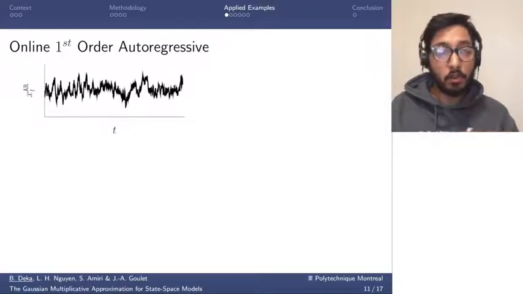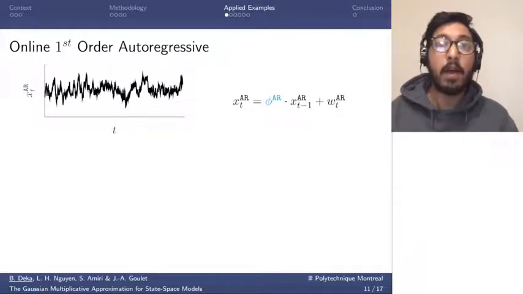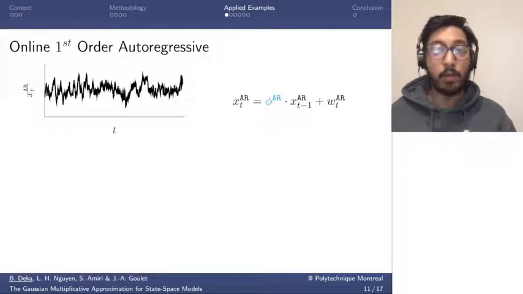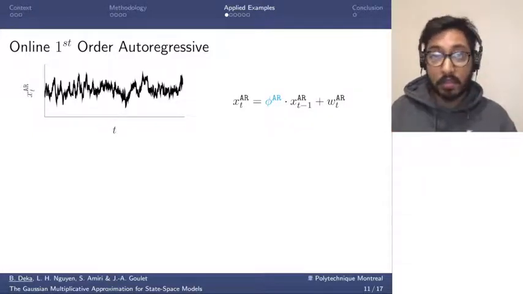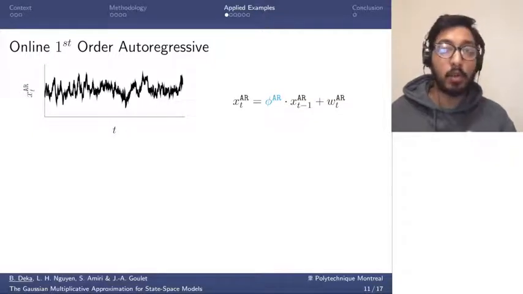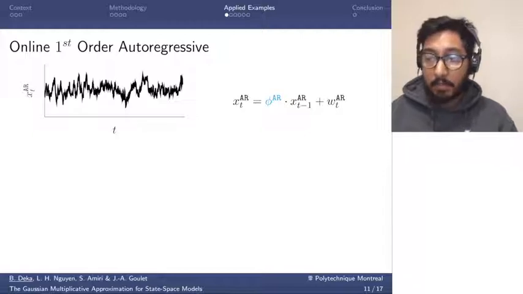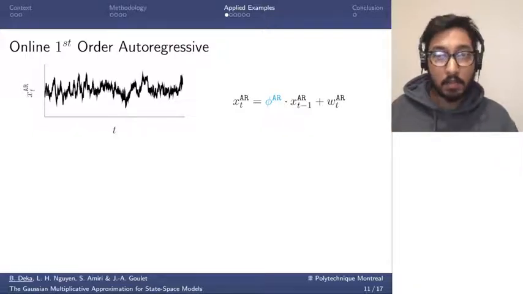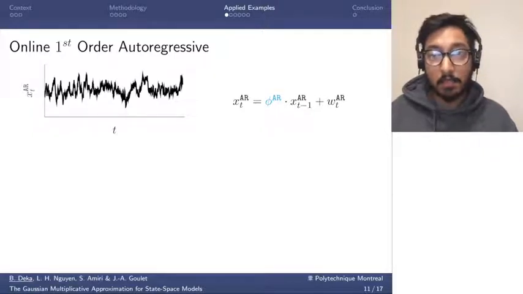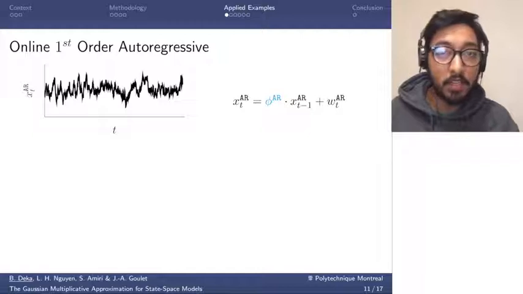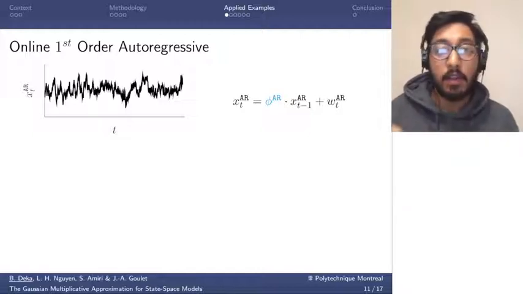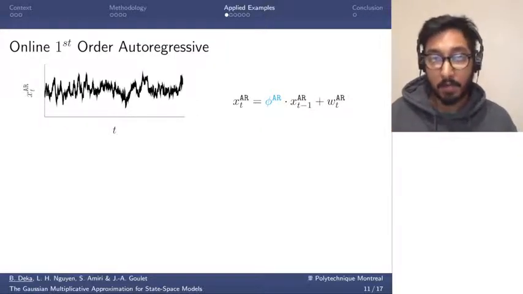A first order autoregressive process is given by this transition equation, where the hidden state for the autoregressive x_AR at time t is equal to phi_AR, which is the autoregressive parameter, times the hidden state at time t minus 1, plus the additive process error w_AR. If you see the equation, we have a parameter phi_AR, the autoregressive parameter.